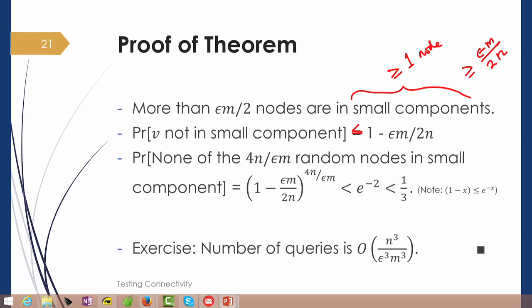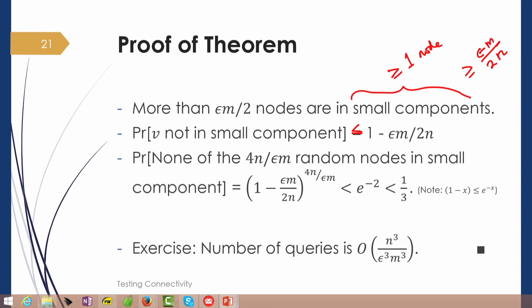So, this is one particular vertex V that was chosen uniformly at random. If you recall the algorithm, we repeated this 4n over epsilon m number of times. So let us look at the probability that none of the 4n over epsilon m random nodes will land in small components.